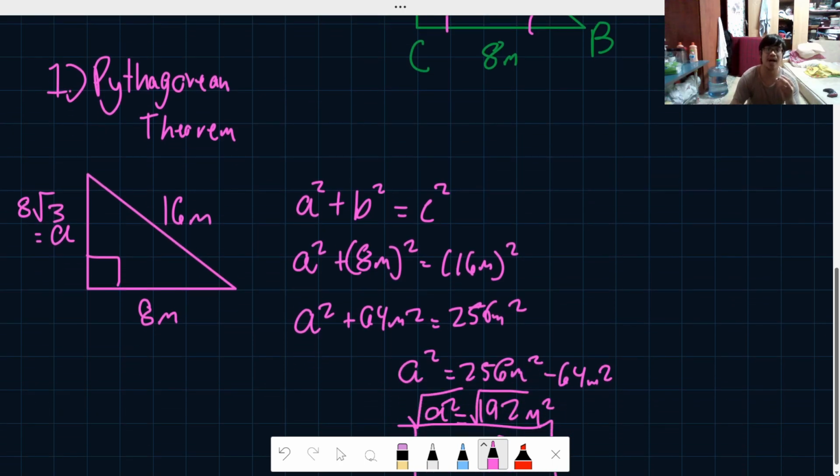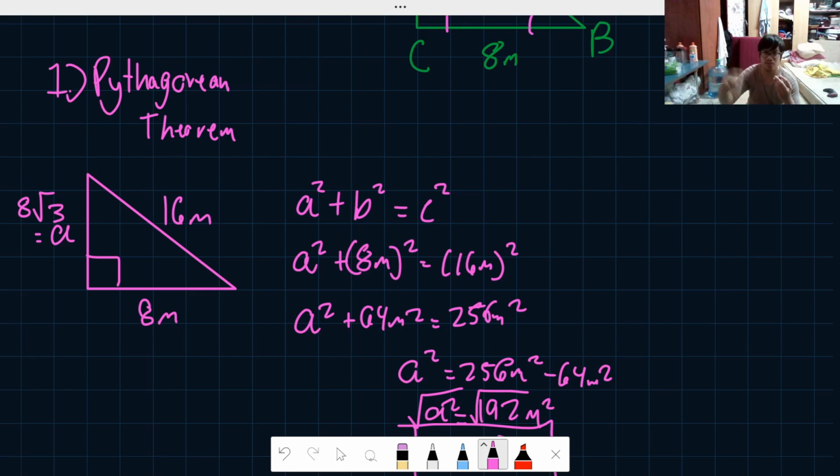There's another way for you to do that, and I think it's the easiest of the two. This second method is easier than using the Pythagorean theorem.